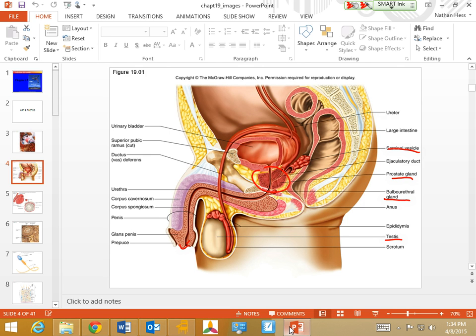Any questions here? We've pretty well covered all of the anatomy. Any questions on that? One question that always comes up at some point, because we said that the urethra, this tube that comes out the end of the penis, carries both things, right?